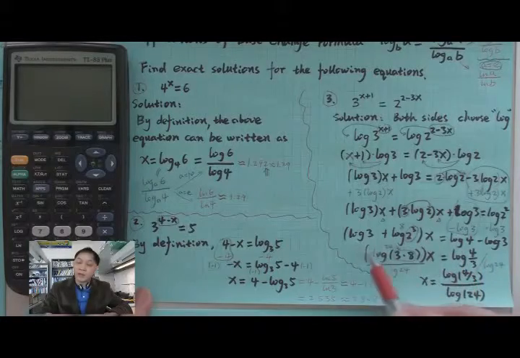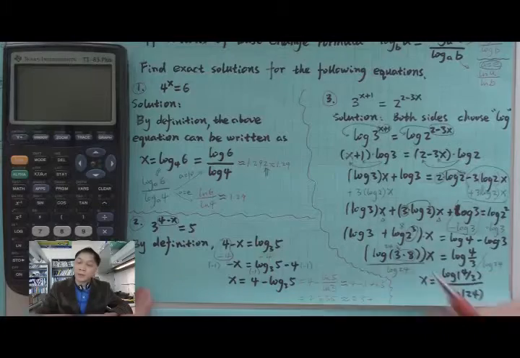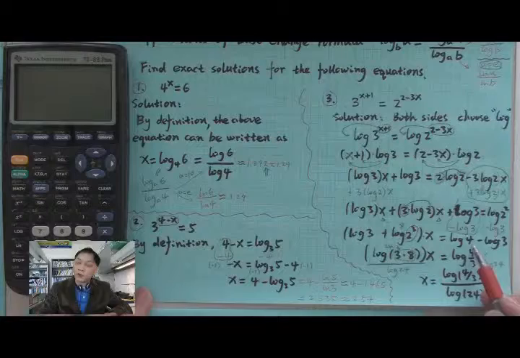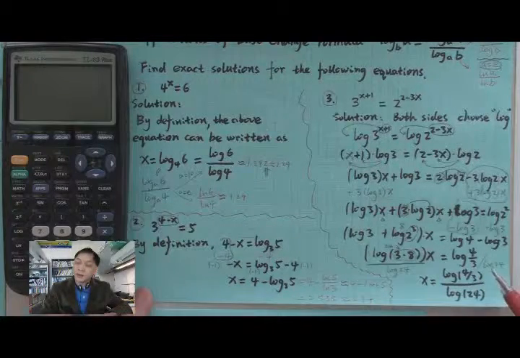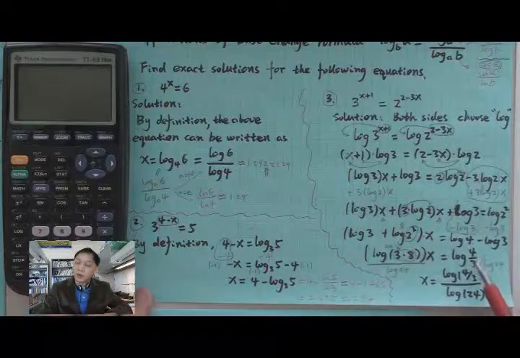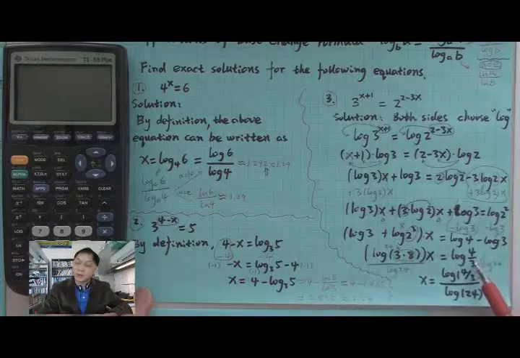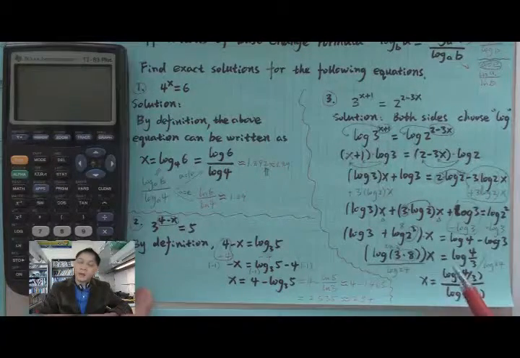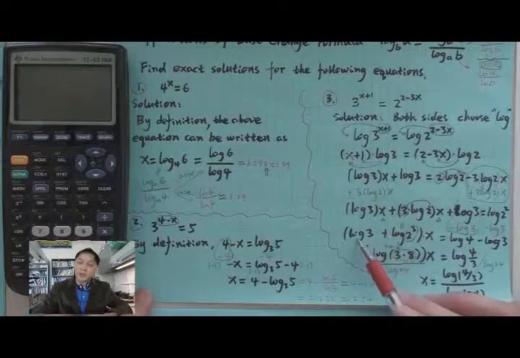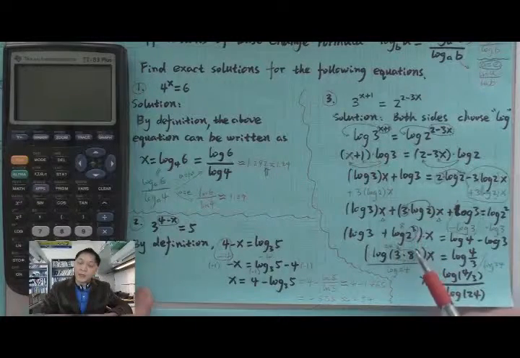Now on the left-hand side we have x times this one. On the right-hand side we have log 4 minus log 3. The right-hand side is subtraction, so that will be log 4 divided by 3. Subtraction becomes division. On the left-hand side, you have the coefficient of x, where we know 2 cubed is 8.